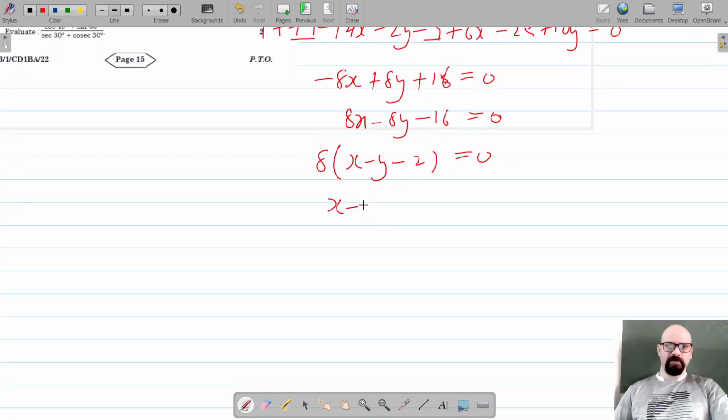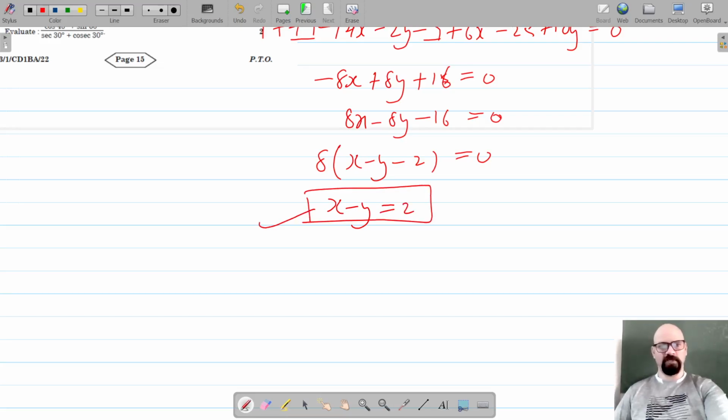So finally we have x minus y is equal to 2 as the relation between x and y.